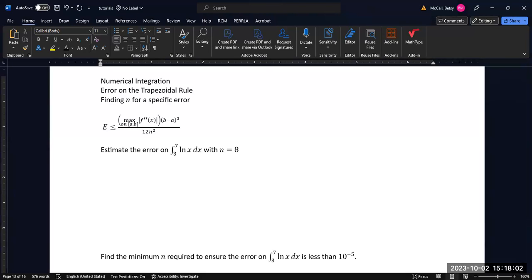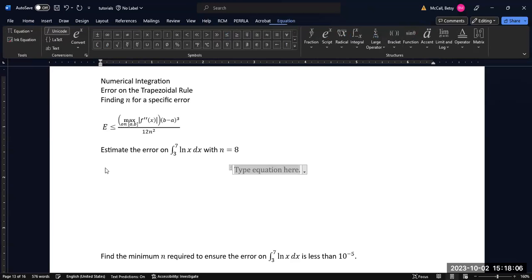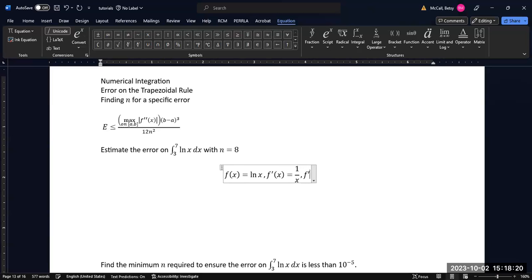So we're first going to start by finding our derivative. f of x is log x. This is the function that we are integrating. The derivative of that is going to be 1 over x, and then the second derivative of that is going to be negative 1 over x squared.